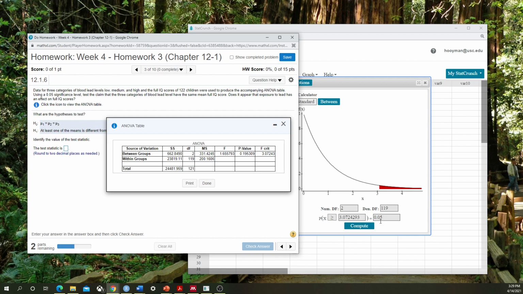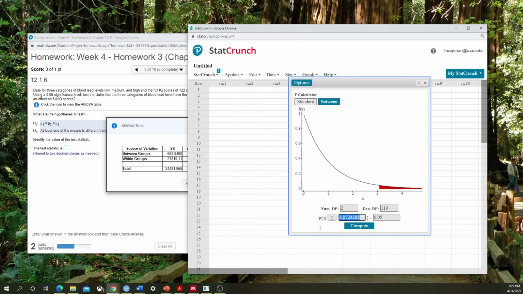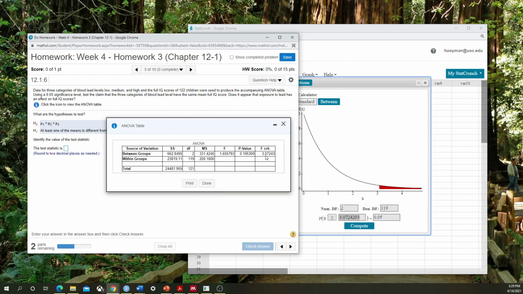And what we found is that if our significance level is 0.05, so we're looking at a probability of 0.05, then our critical F statistic, to make sure that our outcome is greater than chance, or a 95% chance, our critical value has to be 3.072, and that's what we have here. Okay, they rounded a little bit, but they have 3.072, and so this gives you a reference for exactly what you need to have.